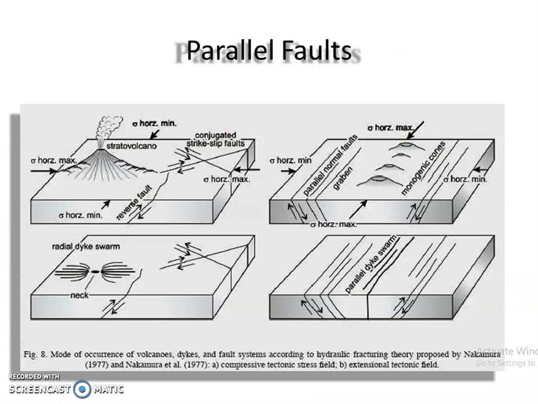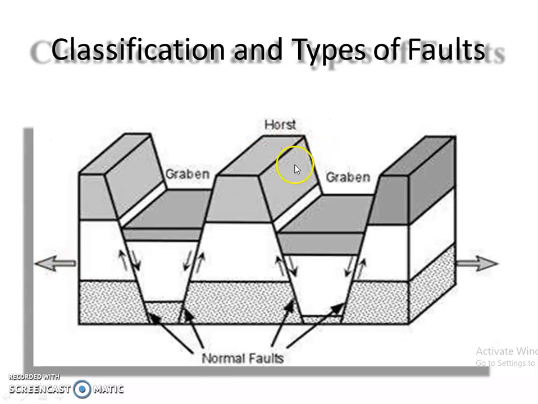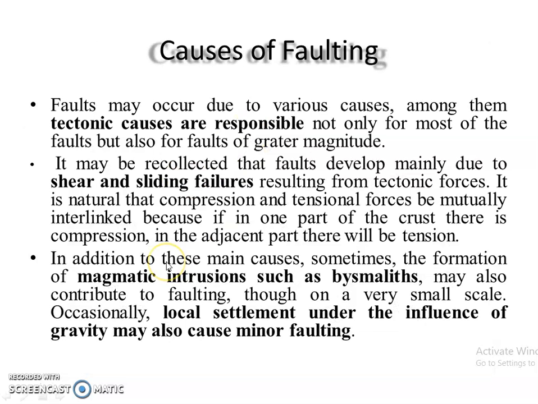This is the sketch showing the parallel and step faults. Horsts: when normal faults with mutually diverging or converging fault planes occur, a wedge-shaped block arises. The wedge-shaped block which is displaced upwards is called a horst, and the one displaced downwards is called a graben. This is a wedge-shaped block which is displaced upwards. Here the graben is displaced downwards.